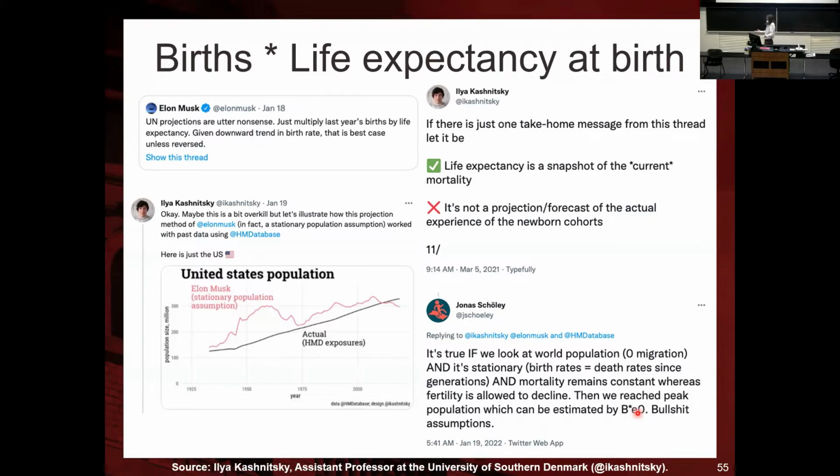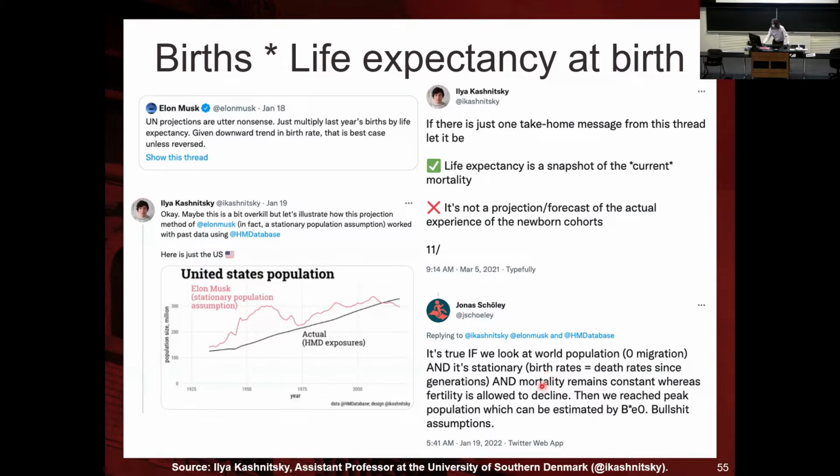These assumptions are not good because that's not what we had, right? We are not doing this kind of analysis here. If we try to do it for each individual state, we will have migration. Migration is zero only if we are doing the analysis for the whole world. And the number of births and deaths have not been equal for several generations.